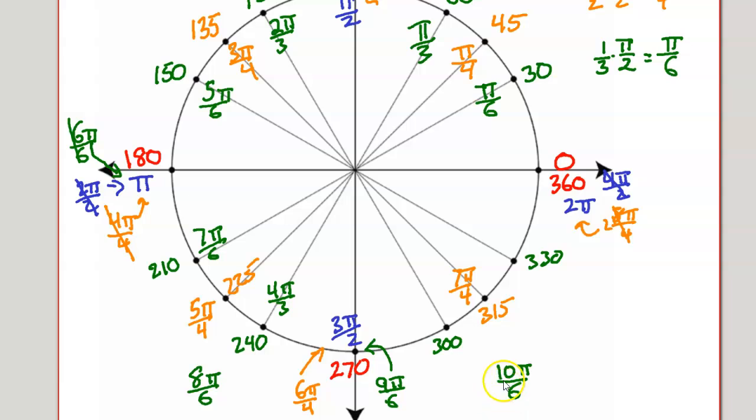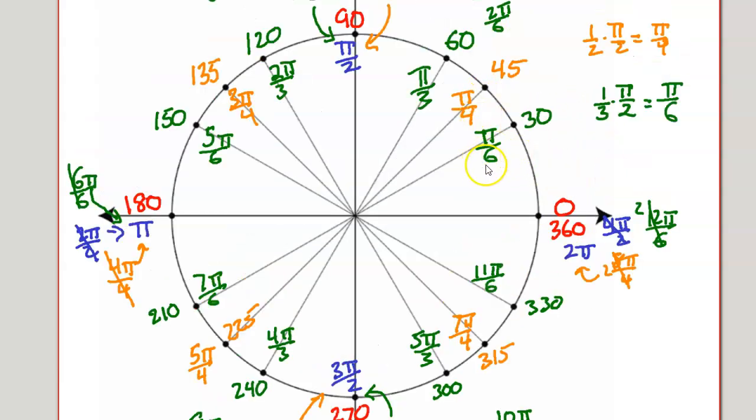All right, that reduces to 5π/3. Then lastly we have the 11π over 6. And then one more time, 12π over 6 reduces to 2π. Back where we started. Right? And then we get back here, we go back to π over 6.